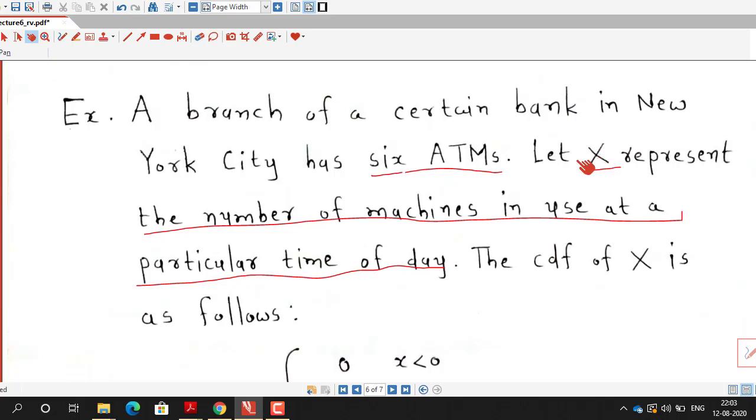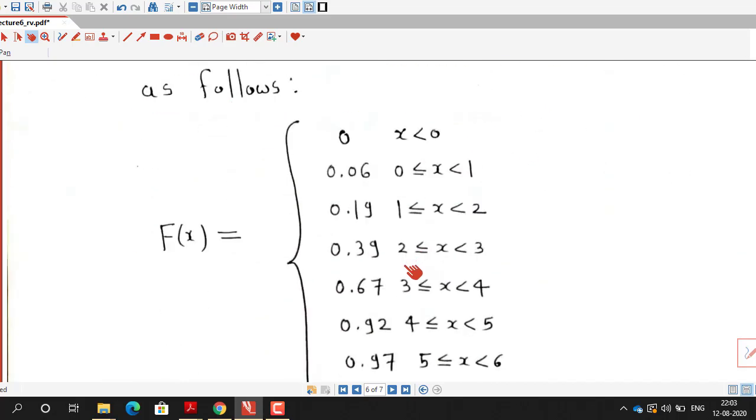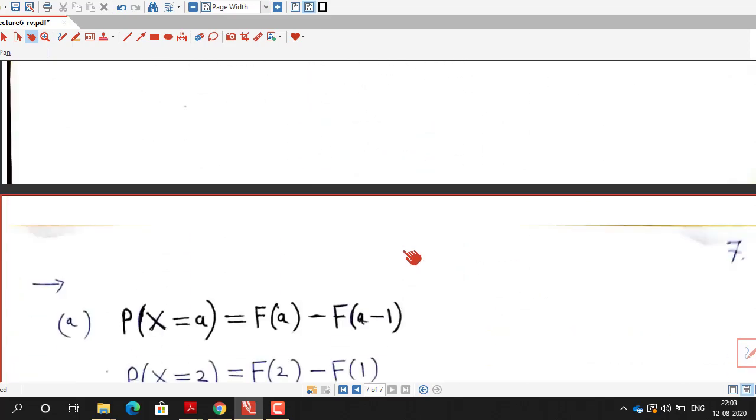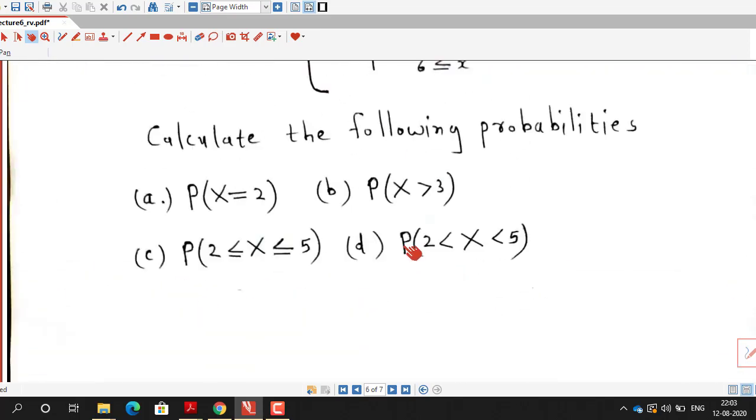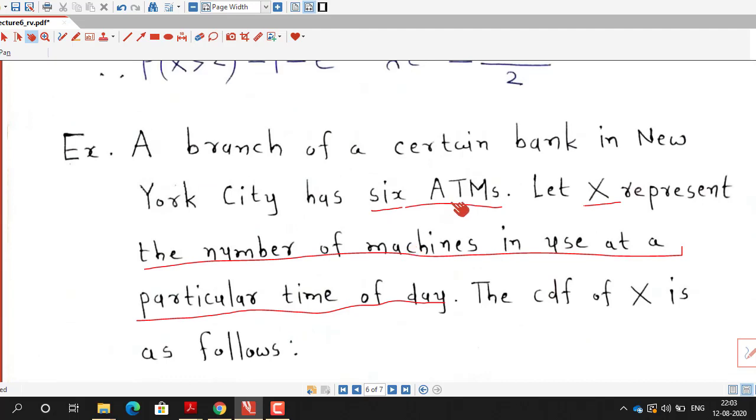So the possible values of the random variable are small x equal to 0, 1, 2 up to 6, because there are 6 ATM machines. So we can write all the possible values: 0, 1, 2, 3, 4, 5 and 6.